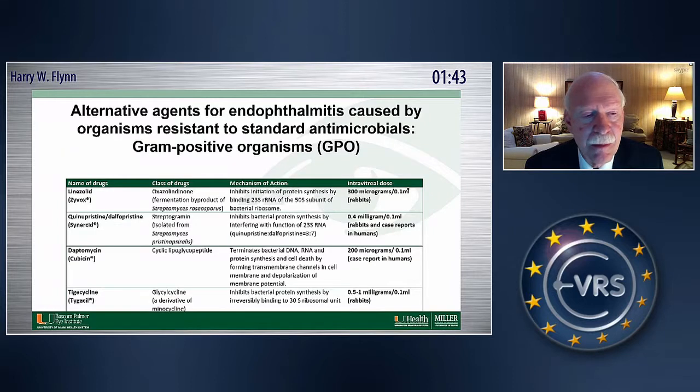The alternative agents for coverage of gram-positive organisms are limited. Linezolid is one agent, though there is very little experience with it. Daptomycin is another agent. Synercid is another. However, there are only a few case reports using these agents, so this requires further study.